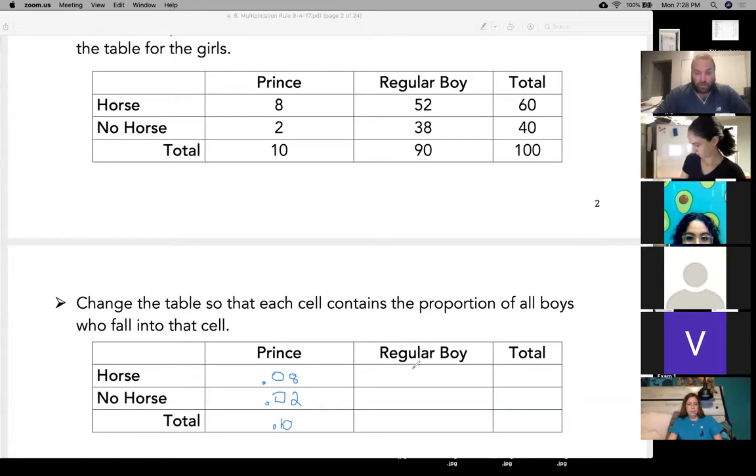And how many are here? 0.52, for a total of 60%, which makes this 40%, which makes this 38%, which makes this 90%, and this has to add to 100%. So we just change it so that each cell contains a proportion of all boys. And you can see from this that they are not independent, correct?